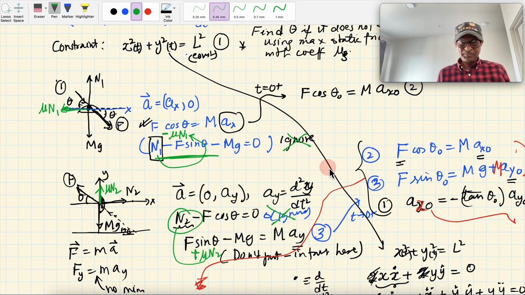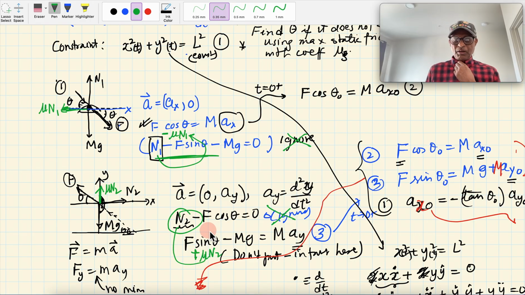It's going to be a little bit more complicated calculation, but you can see from there that now you have enough information, N1 and N2, to solve the problem.